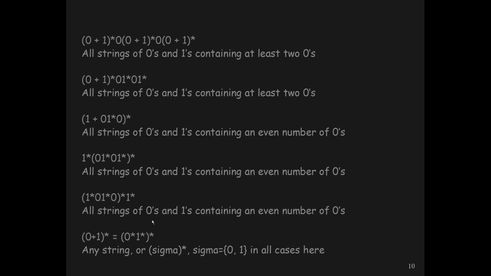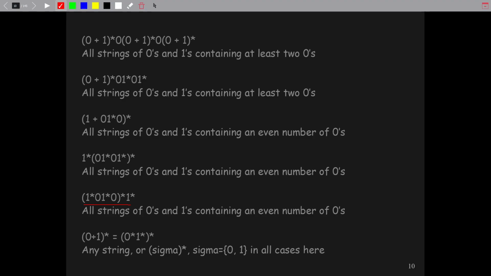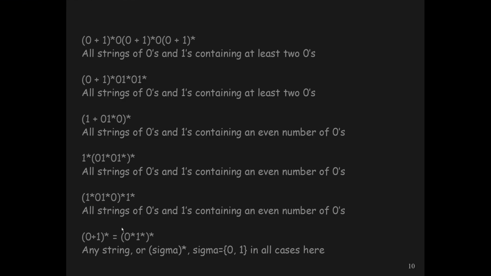And similarly, if you flip the same regular expression, you get this one, which, believe it or not, generates the same language. Finally, we already covered this one, but this is another way of interpreting it, representing the same language.